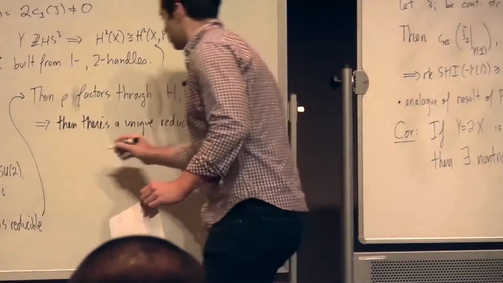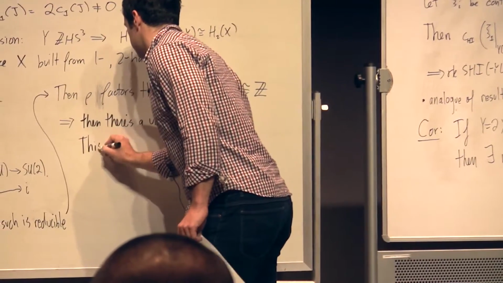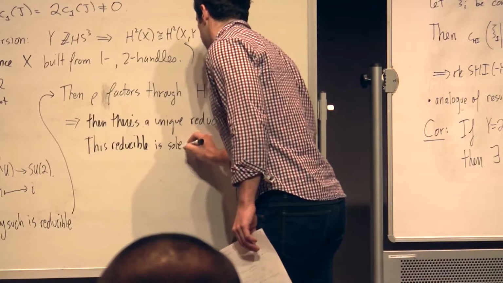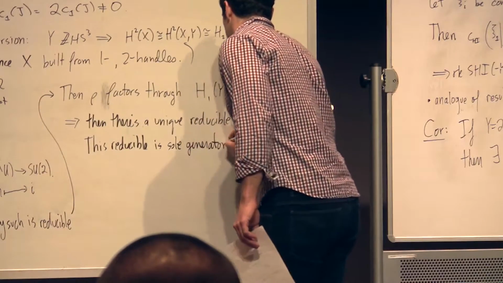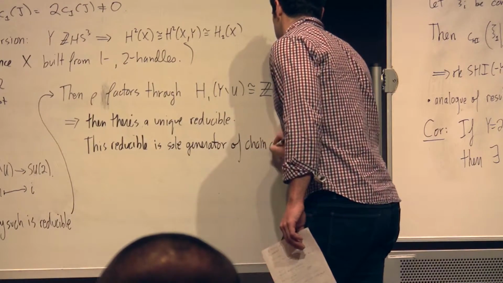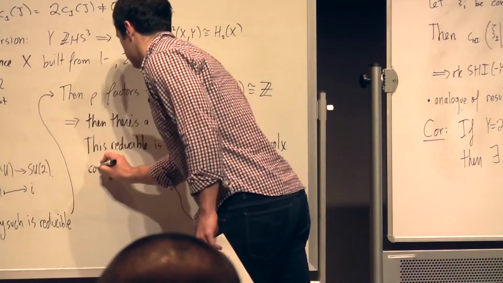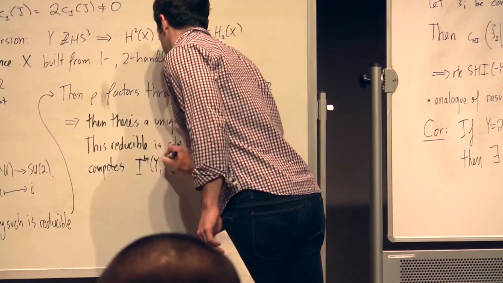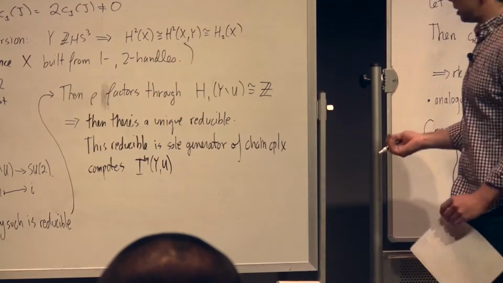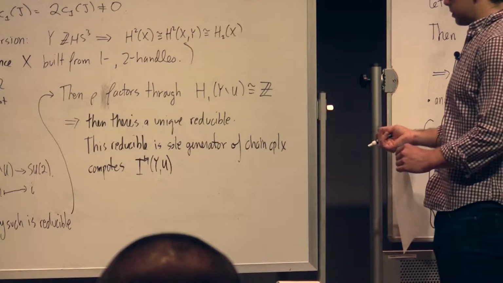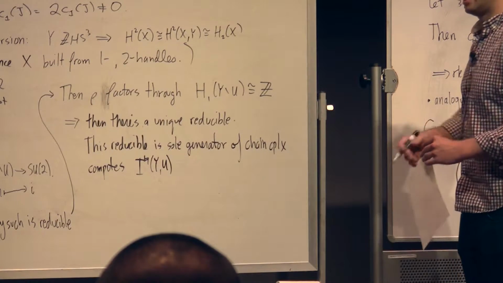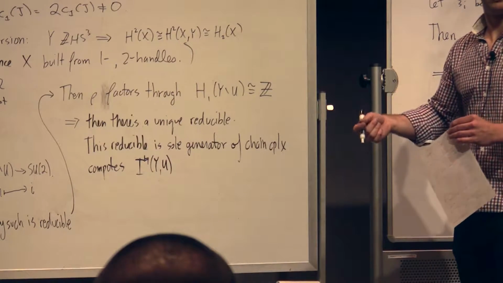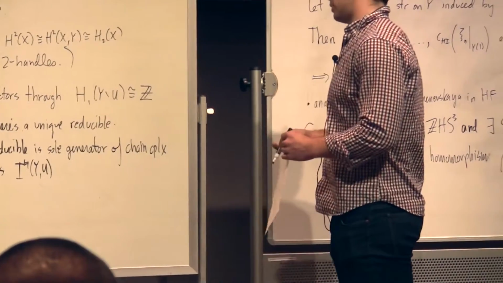And this reducible homomorphism is then the sole generator of a chain complex that computes this instanton Floer group. So what you're doing to compute this instanton Floer homology is Morse homology on the space of connections of some SU2 bundle over the complement of the unknot with respect to the Chern-Simons functional.